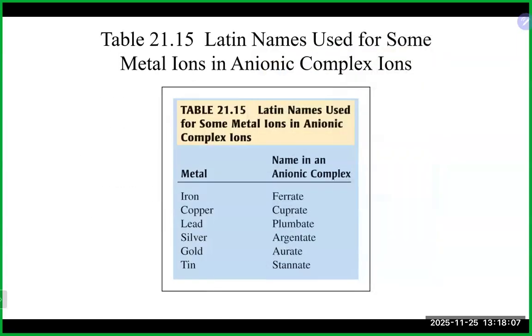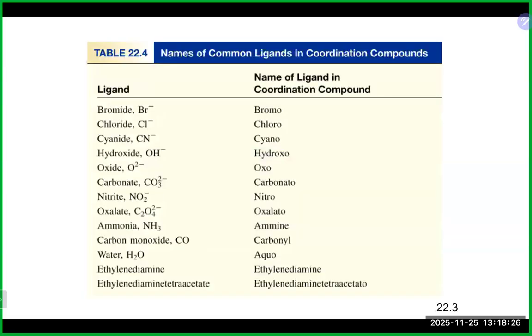And here's what I was talking about. If you do have a negative complex ion, we again roll with the old school name instead of iron, ferrate, cuprate, plumbate, argentate for silver, aurate, and stannate, for example, for tin. So kind of like the older version of the name with ATE at the end of it.